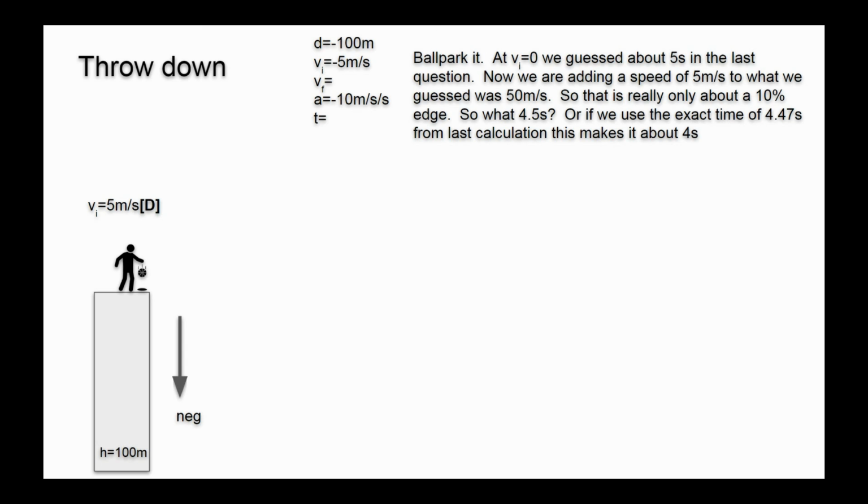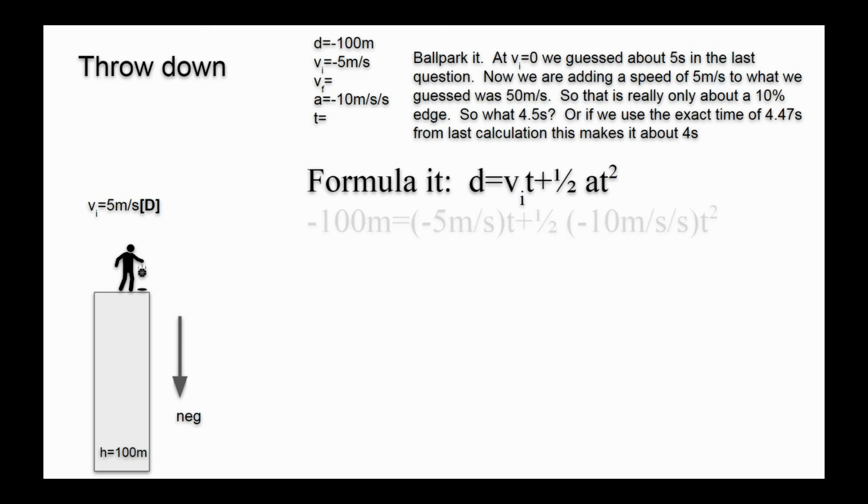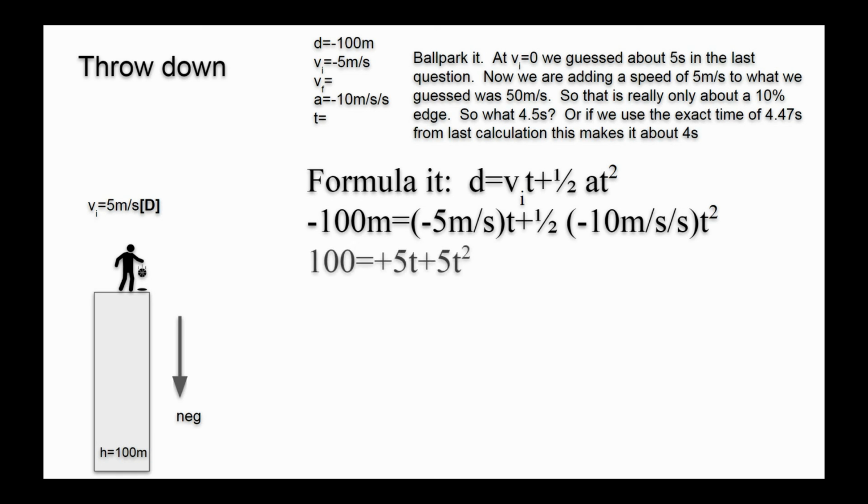But we're going to formulate this. Why not use the quadratic, eh? It's kind of difficult not to use it here. We set it up. You're allowed to drop the units there. And, hey, reduce it. Why carry big numbers if you don't have to?